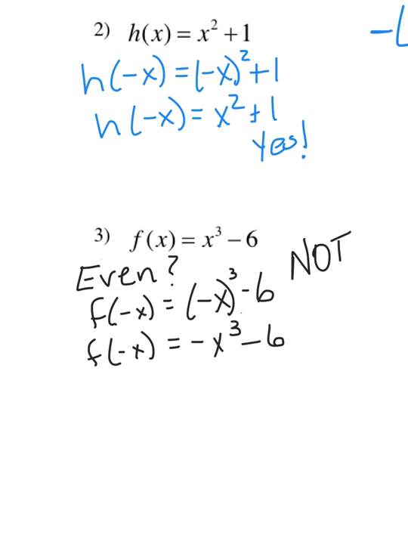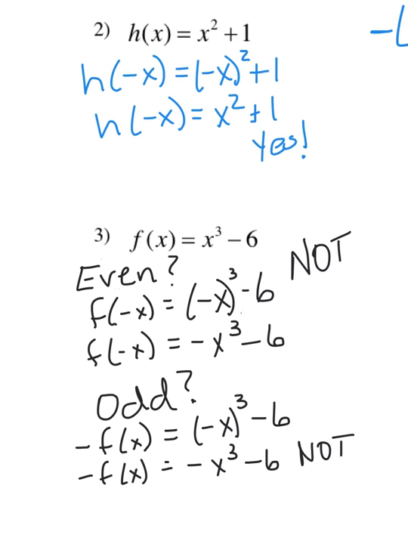Next, I'm going to check to see if it's odd. Okay, so this one's a little tricky, but it's also not odd. So what happens here is if I were to multiply everything in my function right here by a -1, if this was an odd function, this would end up being negative x to the third plus 6.